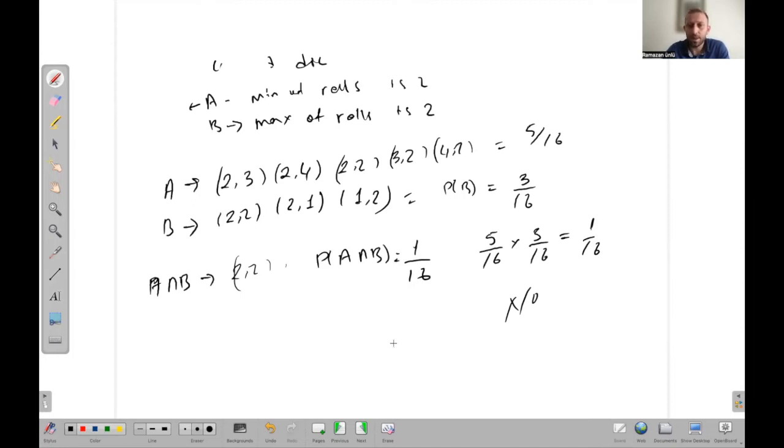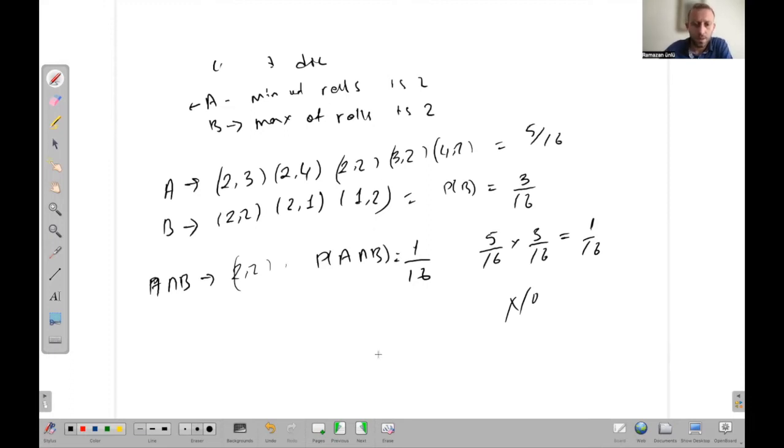But in this case, the minimum of the rows is 2, and the maximum of the rows is 2, which actually gives some piece of information about the other events. That's why they are not independent. Okay, so the independence is like that.